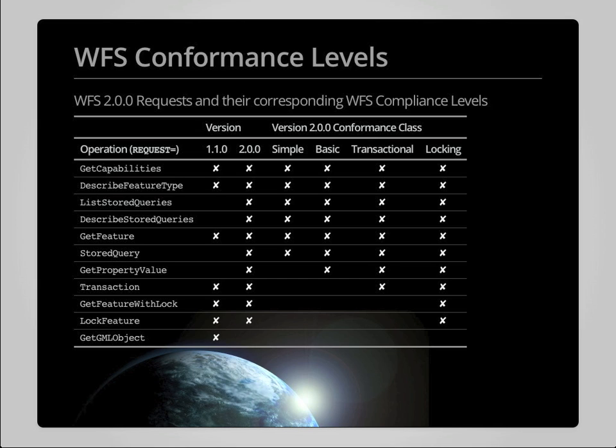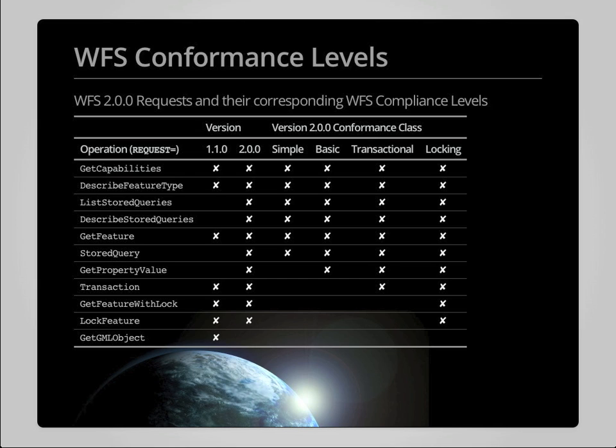Get capabilities is required for all of those. As is the case also for the describe feature type request, the list stored queries request, the describe stored queries request, the get feature request, and the stored query request. You can see that that is required for all WFS version 2.0 conformance classes.